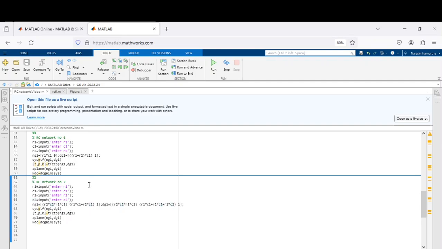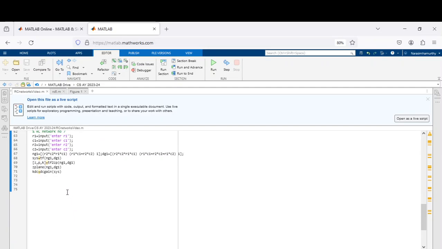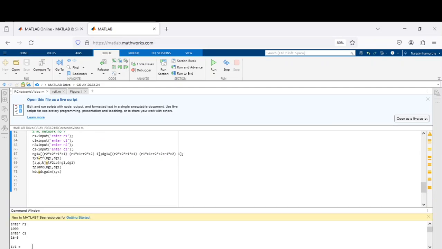Let us find out. So we are expecting zeros at -1000 and -10,000 for R1 and R2.